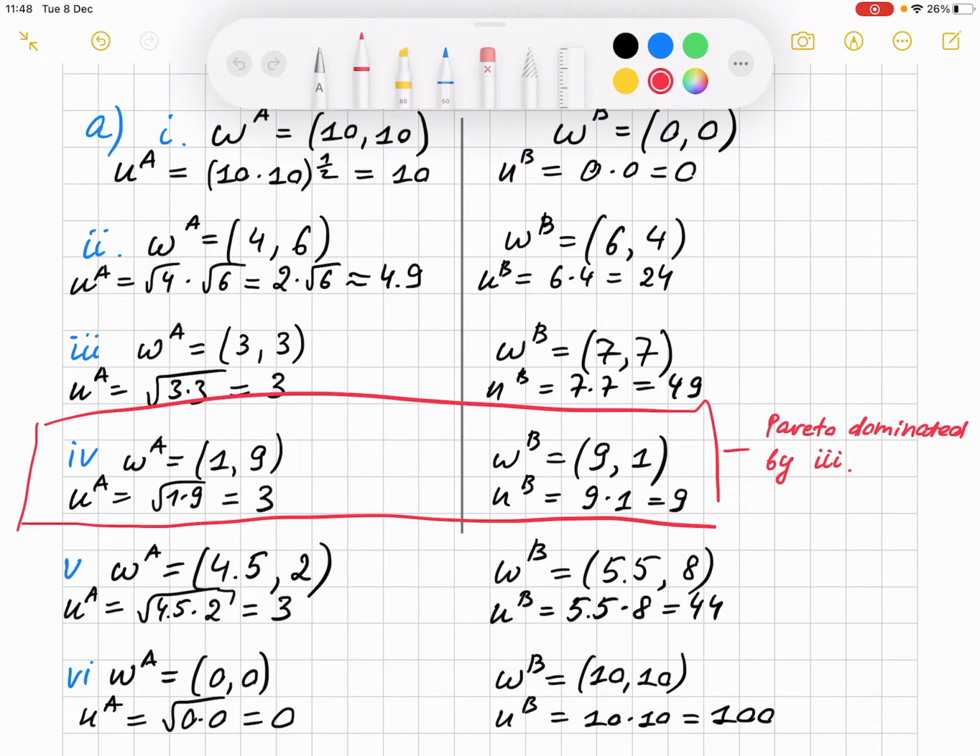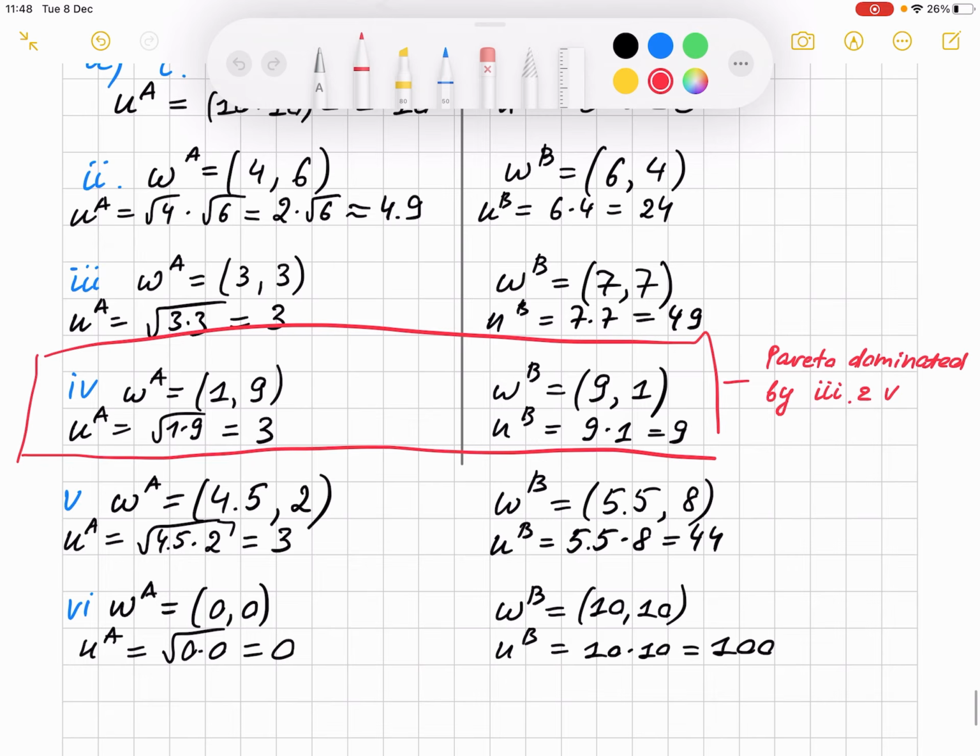We see that the third allocation is better because agent B can be happier without any cost to agent A. So that's that one. And we also see that it's dominated by 5, because again, by 3 and 5, A has 3 utility level and B has a higher utility level, and yes, 44 is higher than 9. And then we can also compare 5 and 3 and see that 3 is better than 5, because by the same logic, the utility level of A is 3 in both cases, but the utility level of B is 49 versus 44.